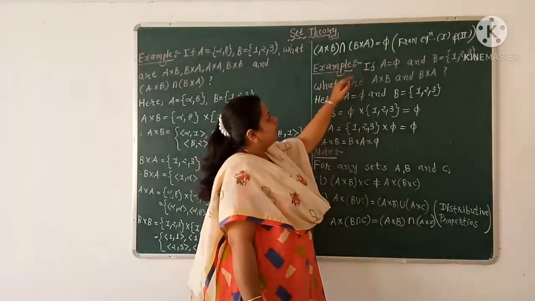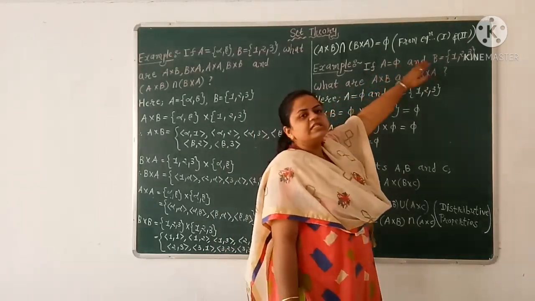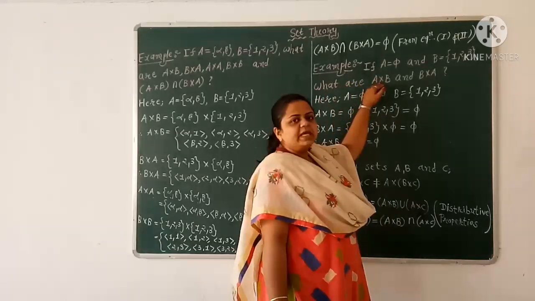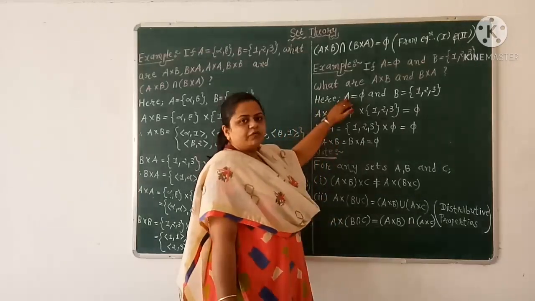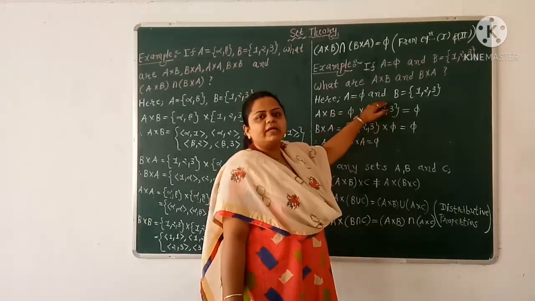Now next example, if A is equal to the empty set and B is equal to the set {1, 2, 3}, then what are A cross B and B cross A? Now here A is the empty set and B is {1, 2, 3}.